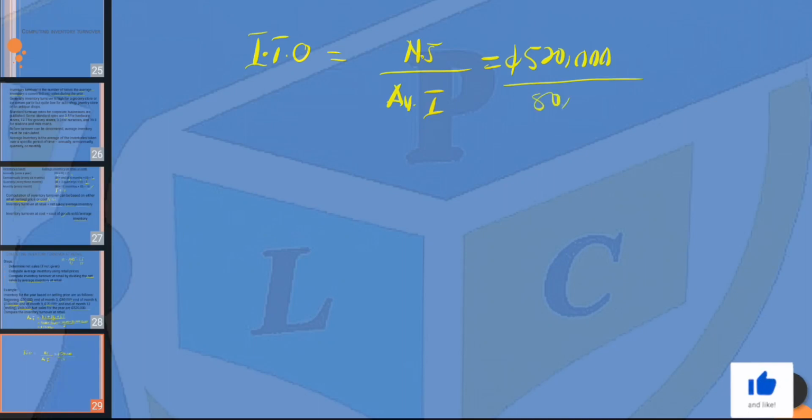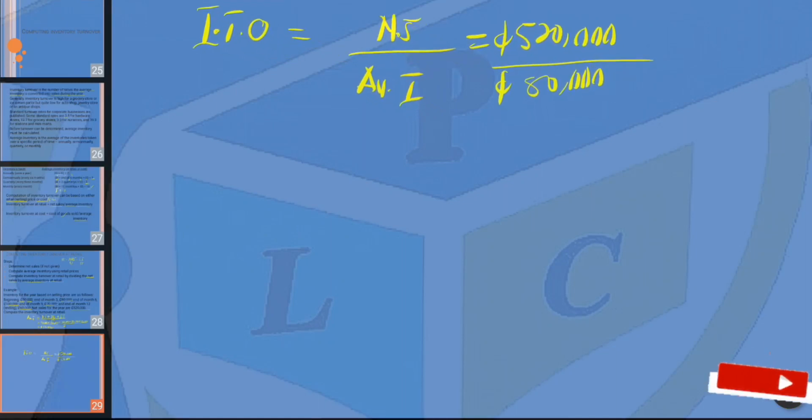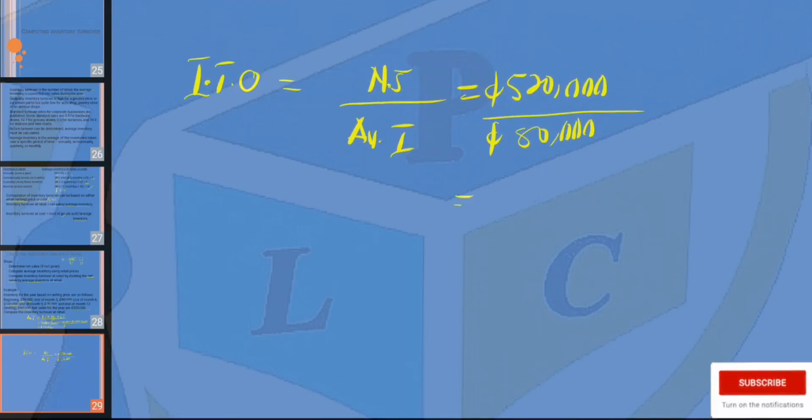So you pick that one from there. So here it is going to be 520,000, and then divided by your average inventory, which was 80,000 Ghana cedis. When I did my calculation, I had the inventory turnover to be 6.50 times.